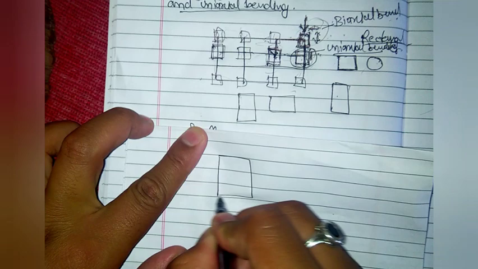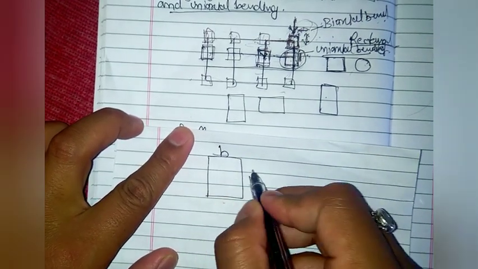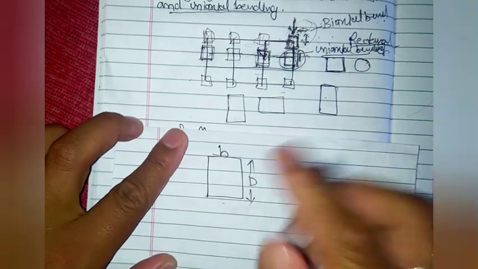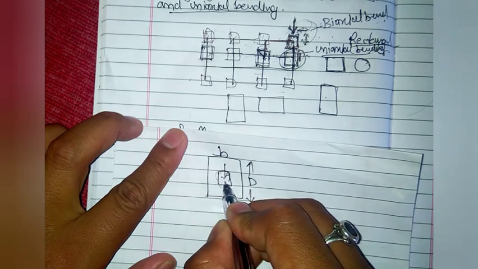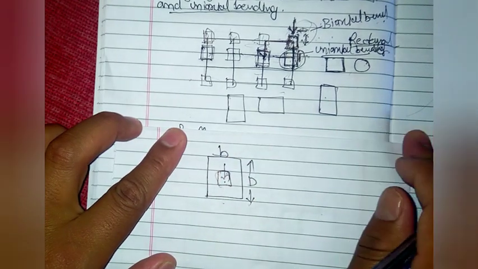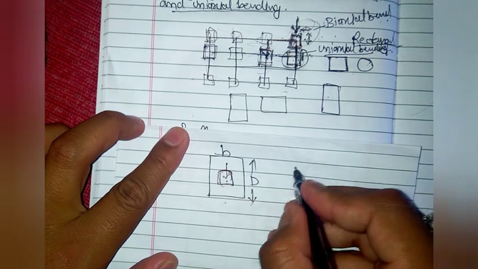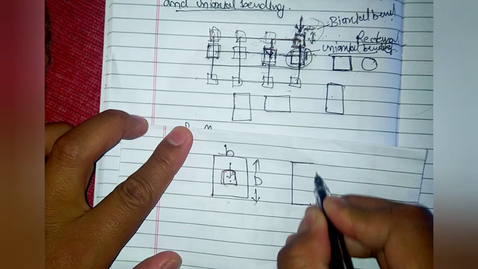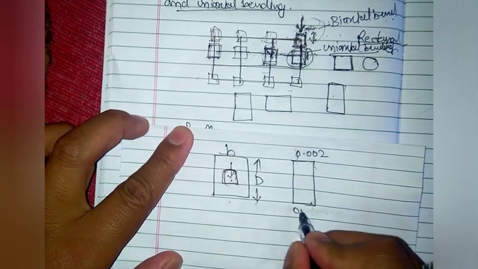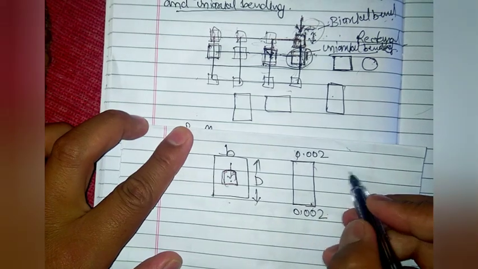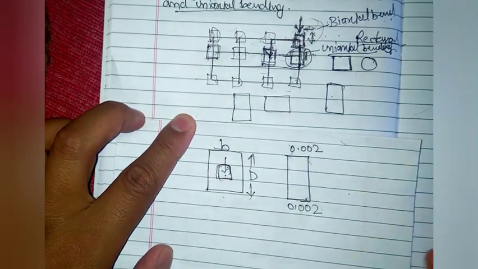If I draw the section, this is your B and this is your D. If it is acted on by axial loading at the center with minimum eccentricity, then the maximum strain in the outermost compression fiber is given as 0.002. We have discussed this in the assumptions of axially loaded column design.